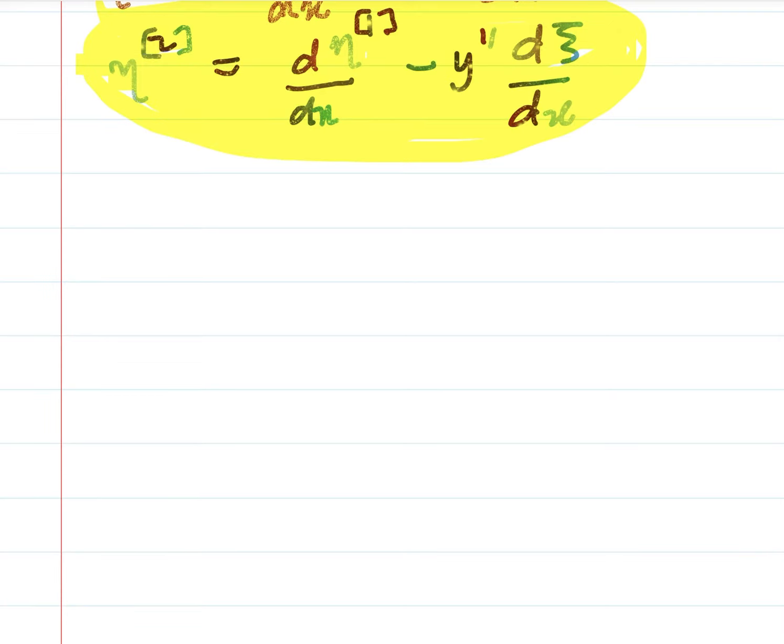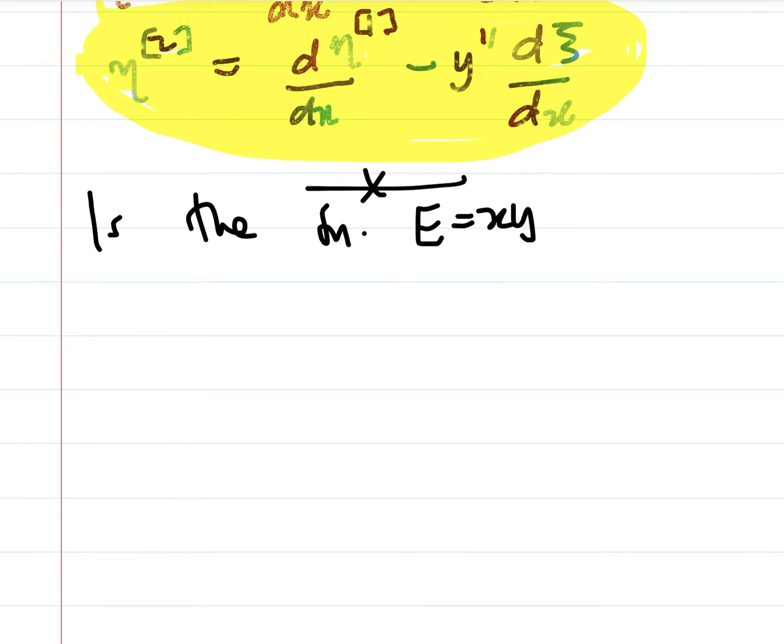So I can ask a question like, is the function e equal to, say, x y dashed plus y double dashed? This is a differential function containing up to second order derivatives. Is a function like that invariant under some one parameter Lie group of transformations?